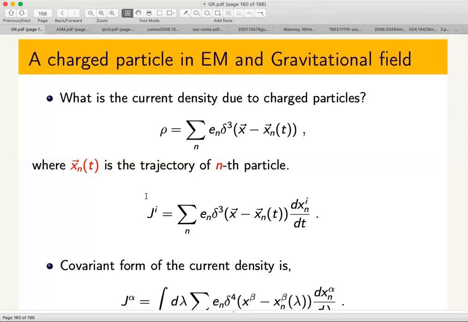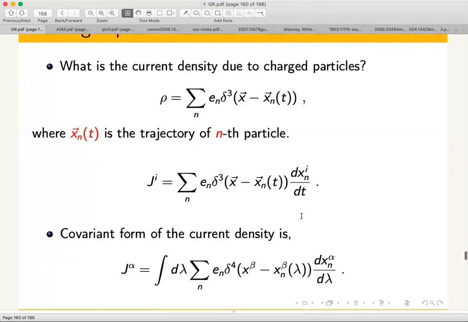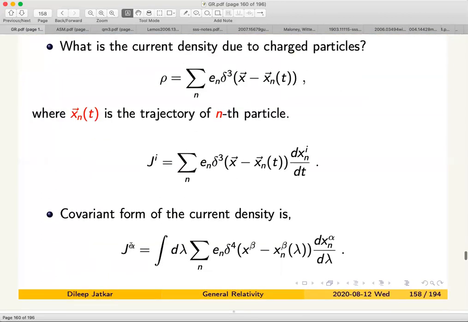Okay, the corresponding current would be the quantity which should be proportional to the velocity of the particle. So therefore, it's roughly the same expression times the velocity. And in the covariant form, we can write this current as summation over n en, and we write down a four-dimensional delta function.